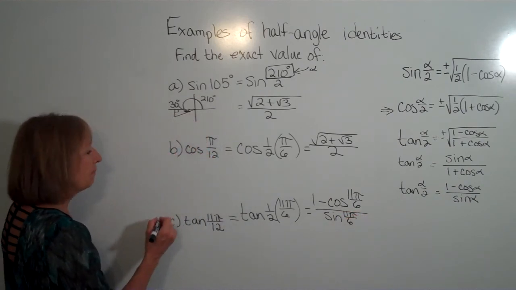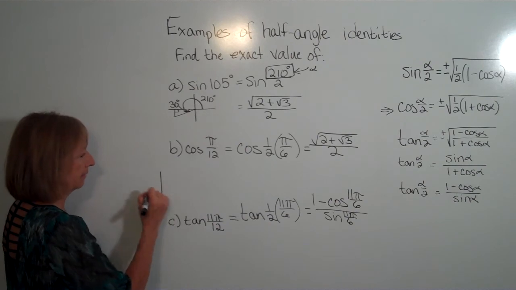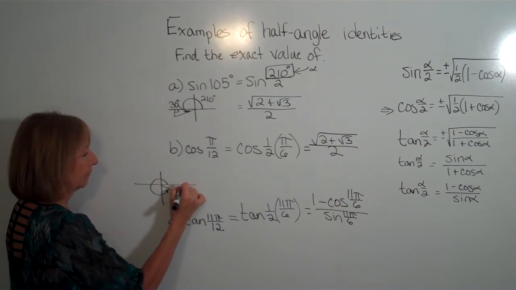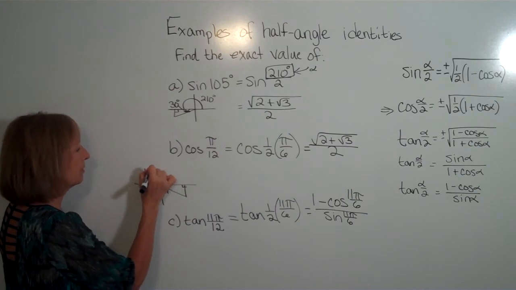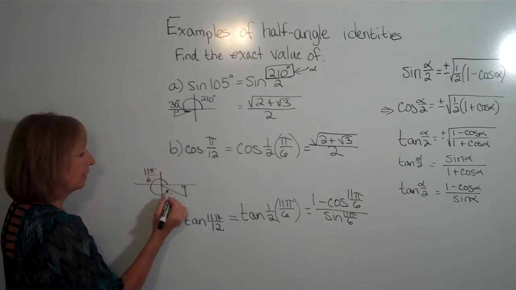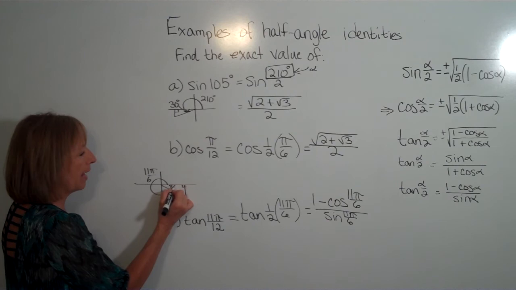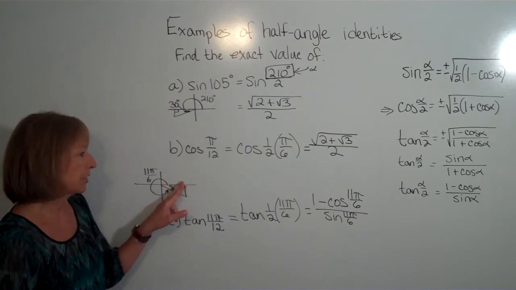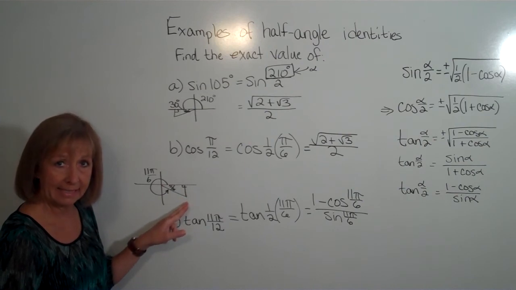Now think, 11 pi over 6 is a 4th quadrant angle with a reference angle of pi over 6. So to get to the 4th quadrant, the cosine is positive, the sine is negative.